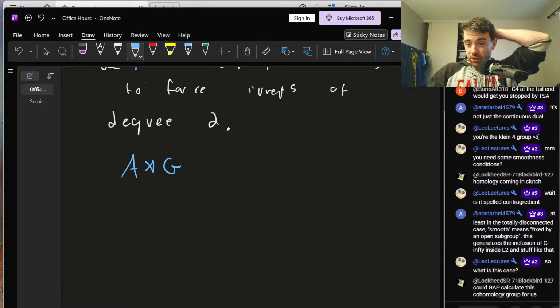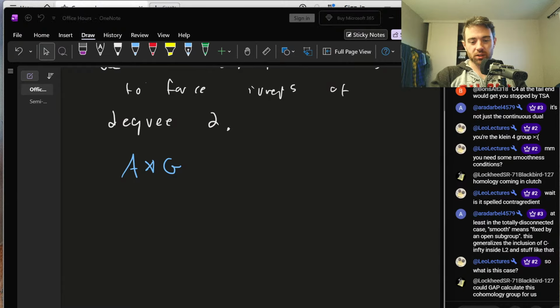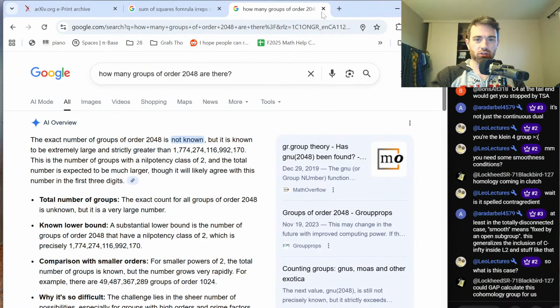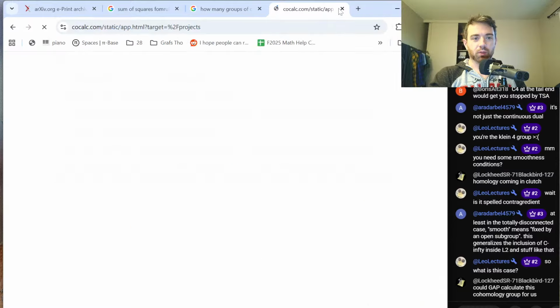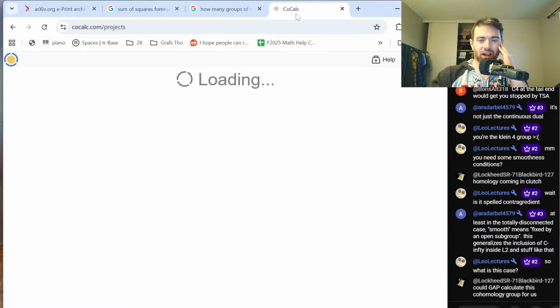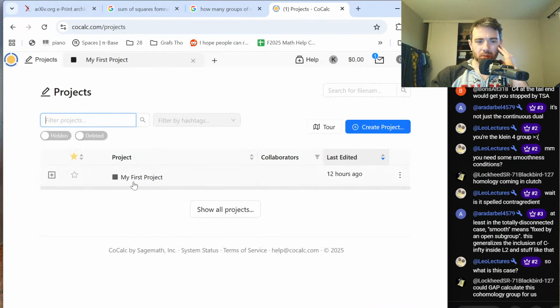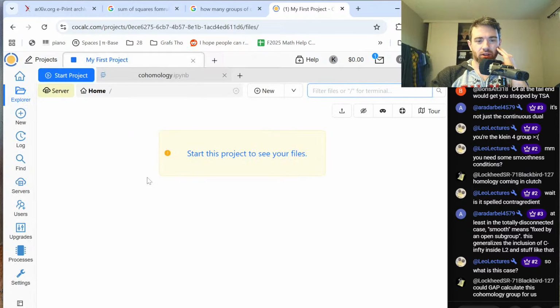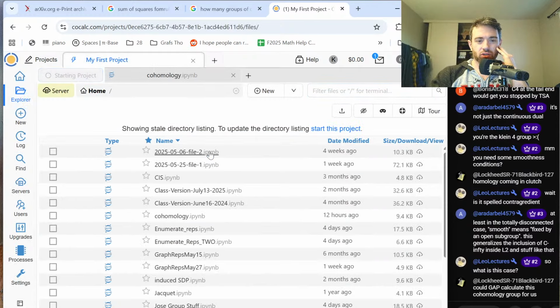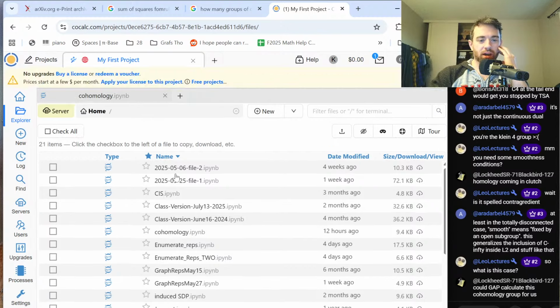Could GAP calculate the cohomology group for us? Maybe. I actually did, I think I showed you guys this on stream already. But Sage, maybe I'm wrong, but I didn't see nice things in Sage about computing cohomology groups. So I just computed things by hand.